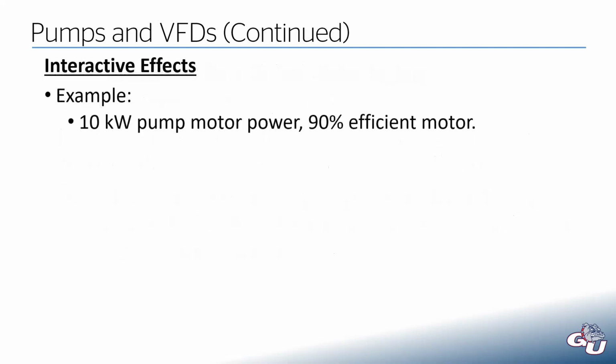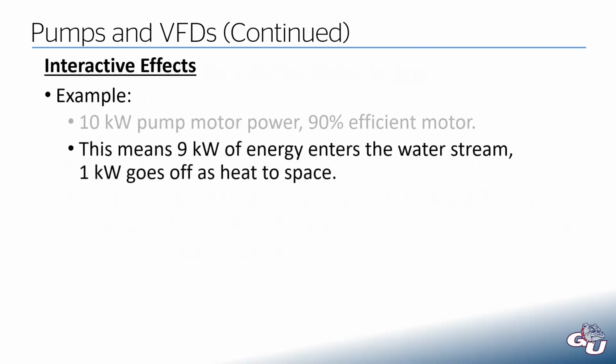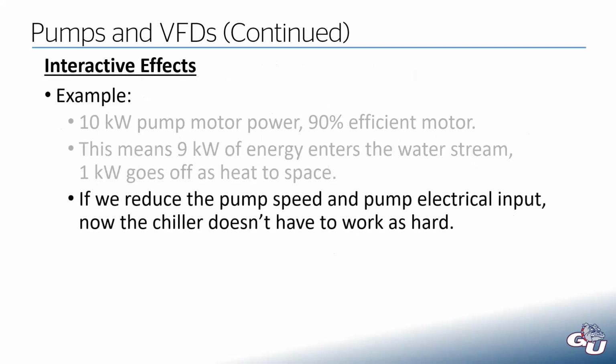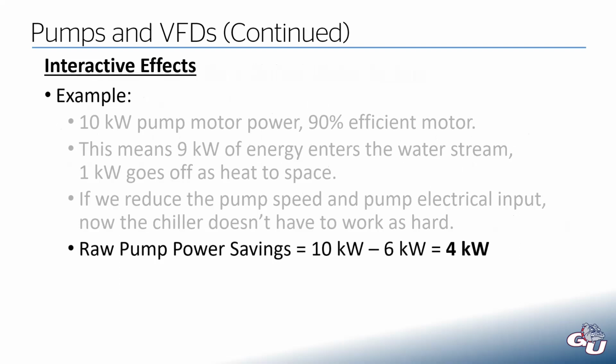Using the same numbers, 10 kW motor, 90% efficient, meaning 9 kW goes into the water, 1 kW just enters the space as heat. We reduce that pump speed. Now the chiller doesn't have to work as hard. The raw pump power savings, again, 4 kW.